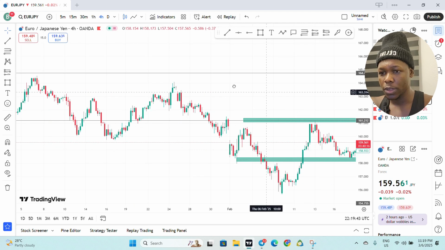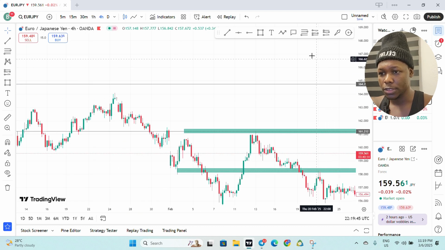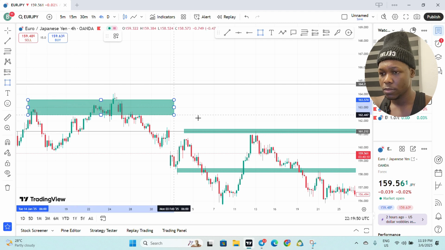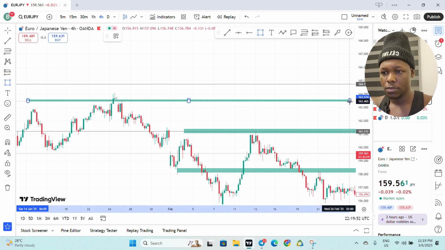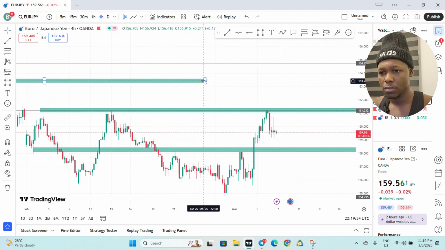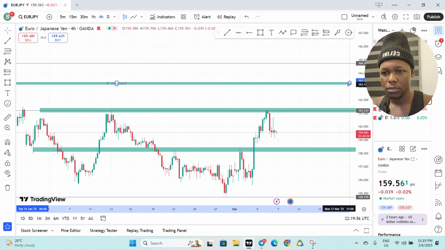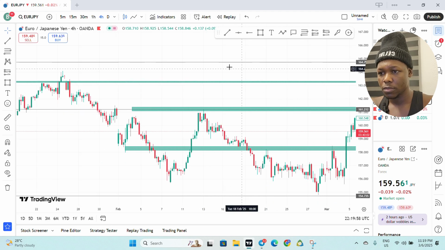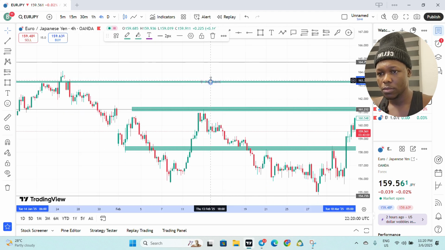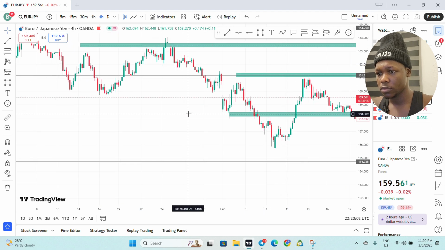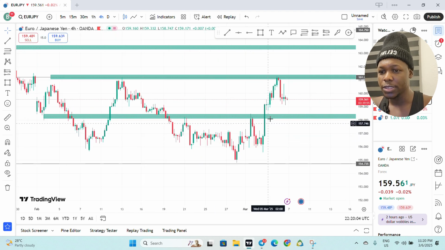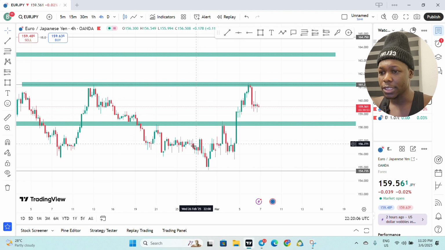We also have this one over here, but not so important. So these are the recent support and resistances that are okay.